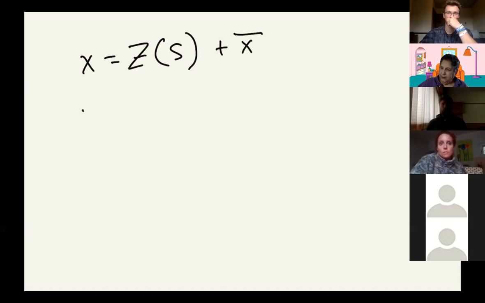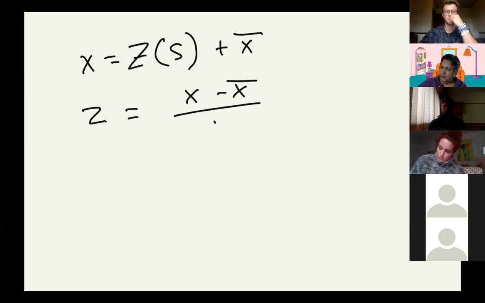And Z equals X minus the mean, put that over the standard deviation. Okay, those are S's, not 5s. It's really hard to tell. Mine look exactly the same as each other, but it's all letters.